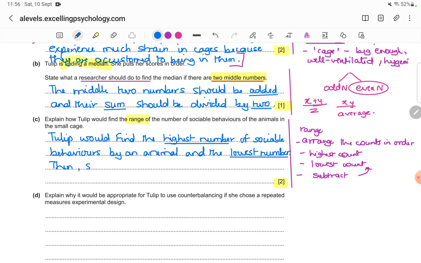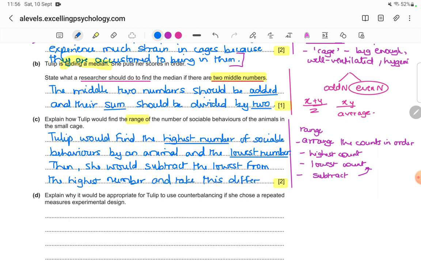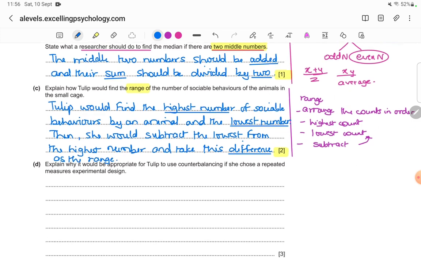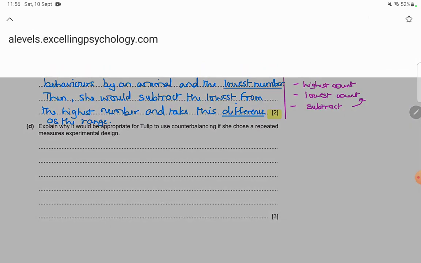Then she would subtract the lowest from the highest number and take this difference as the range. Alright, another simple one. Let's come to the next question.